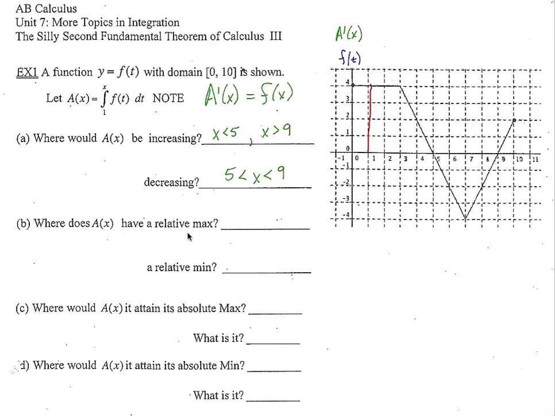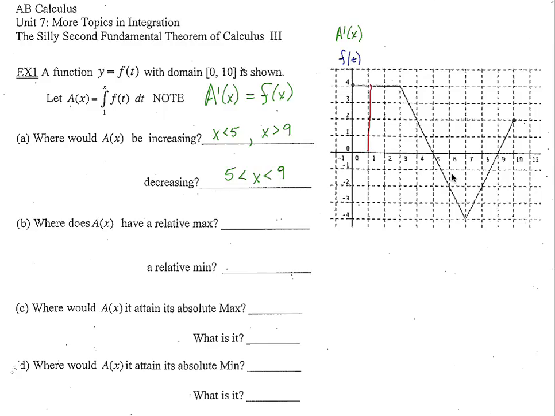When does the function have a relative maximum? Well, the function has a relative maximum when its derivative goes from being positive to negative, right? So again, this graph here is showing us the derivative of the A function, and the derivative in this range here is all positive. The derivative down here is negative.